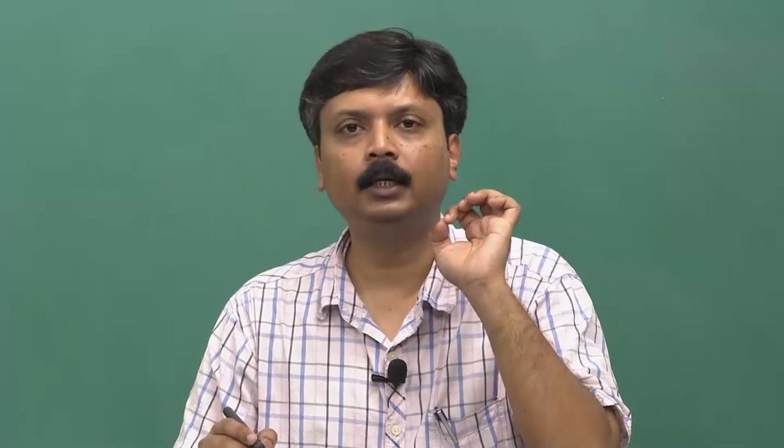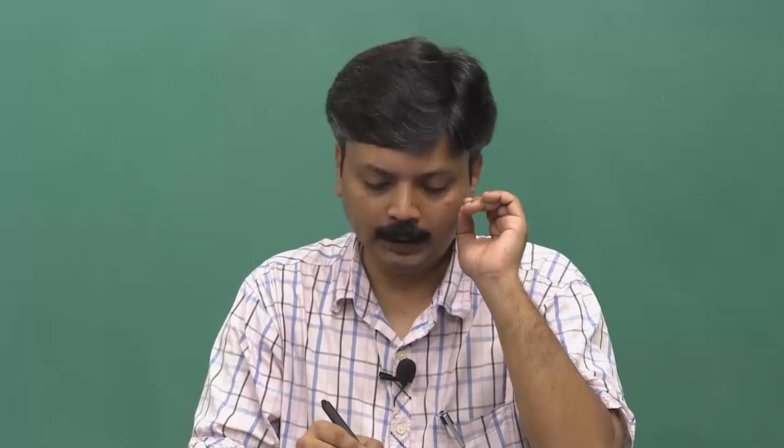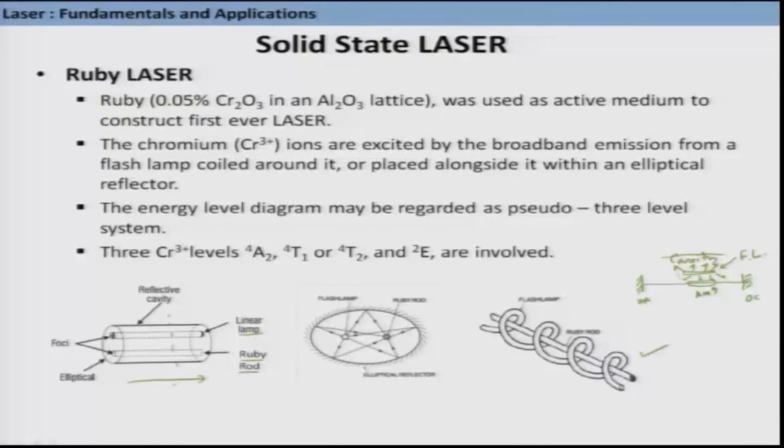That is the reason this hollow reflector is made in a way that a cross section of this hollow reflector looks like an ellipse. Actually, it is an ellipse, and if you take a cross section along this, that is shown here. This is an ellipse, and the ruby crystal and the flash lamp are kept at the foci of this ellipse. What happens is given in this picture.